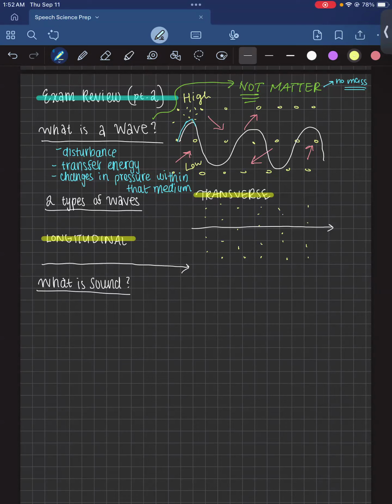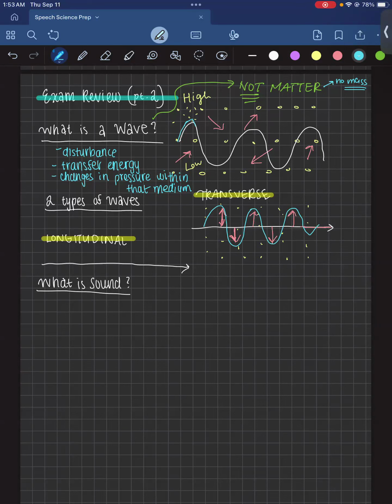And so basically, what happens with a transverse wave is that the particles in the medium will vibrate perpendicular to the direction of the wave. So if the wave is traveling this way, it means the particles are moving this way. They're moving up and down. So if some of these particles are moving up, some of them are moving down, and this is where we see our nice little waveform start to originate.